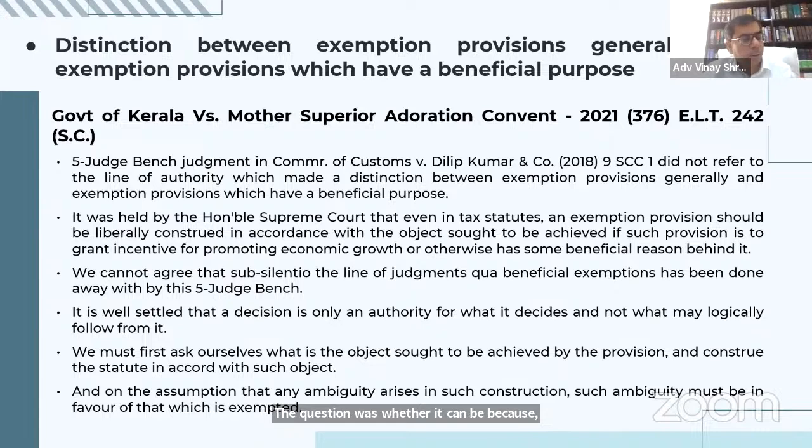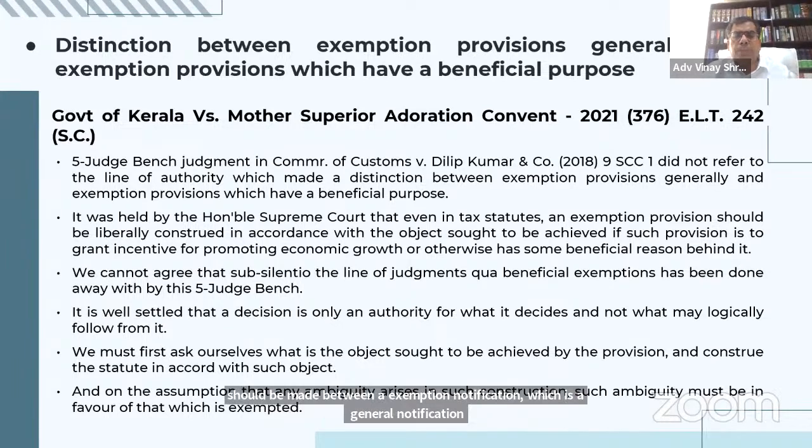So herein, the Honorable Supreme Court distinguished this constitutional bench judgment in the case of Commissioner of Customs versus Dilip Kumar, whereby strict interpretation has to be adopted in interpretation of an exemption notification. And it was held by the Honorable Supreme Court that a distinction should be made between an exemption notification which is a general notification, and an exemption notification which has a beneficial purpose.